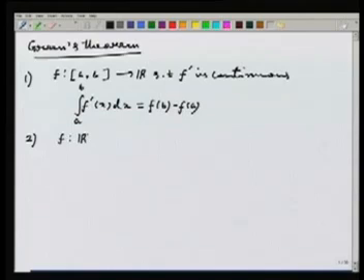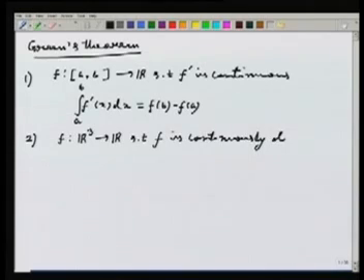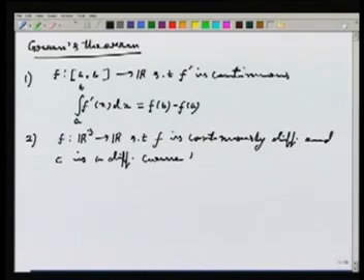from R3 to R such that f is continuously differentiable, that is, the derivative of f is also continuous, and C is a differentiable curve, then we have proved that this is true.